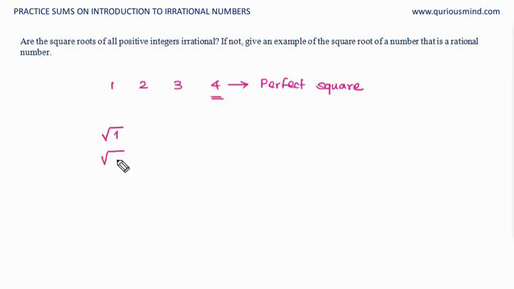Root 2, irrational number. Root 3, irrational number. Root 4 is equal to 2, because 4 is a perfect square number. So its square root is also a rational number. And hence this statement is not true. Square roots of all perfect squares are also rational numbers.